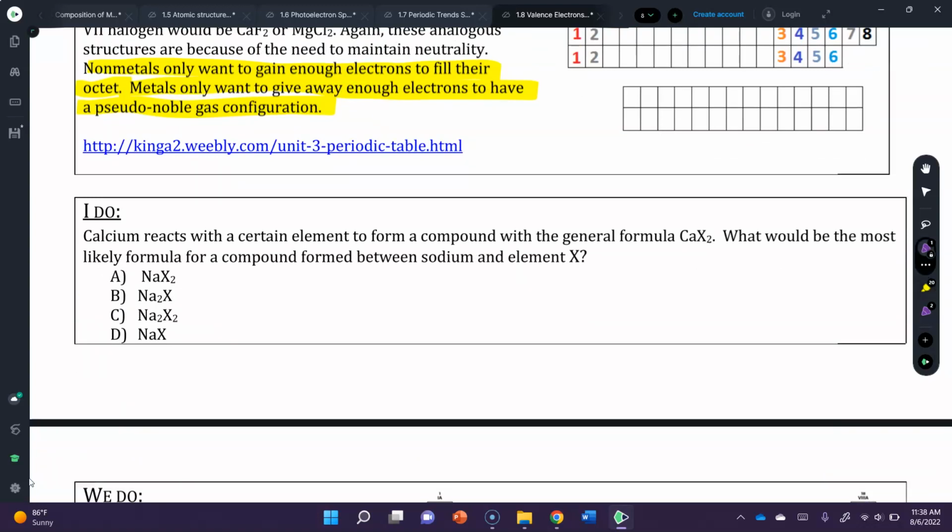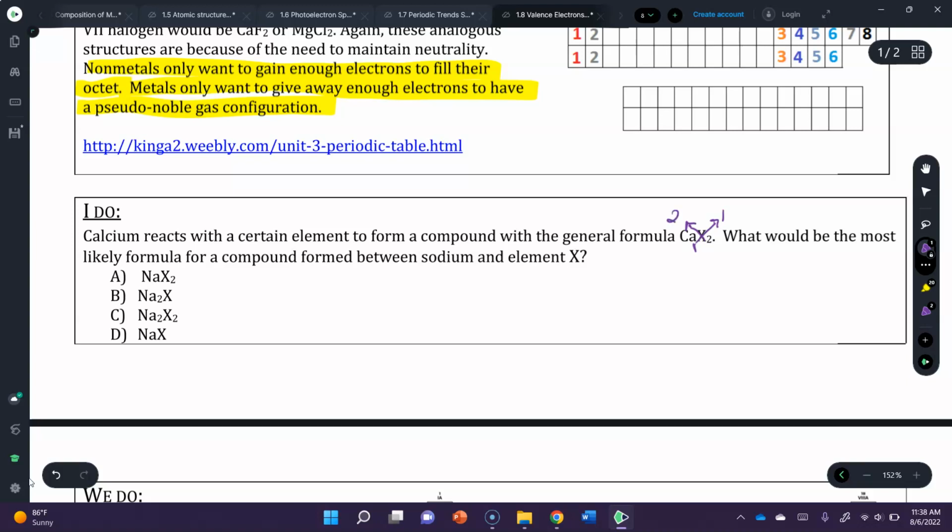Calcium reacts with a certain element to form a compound with the general formula CaX2. What would be the most likely formula for the compound formed between sodium and element X? So if we look at calcium and element X, we see that calcium has a 1 subscript. If we trade these back, we know the value of these two.